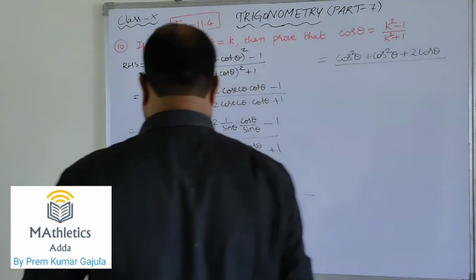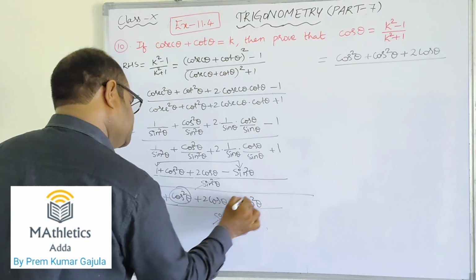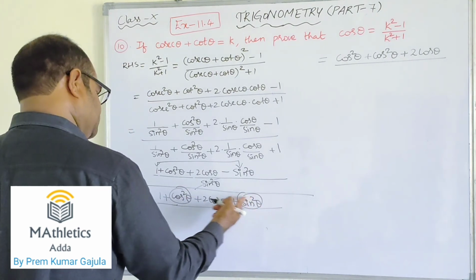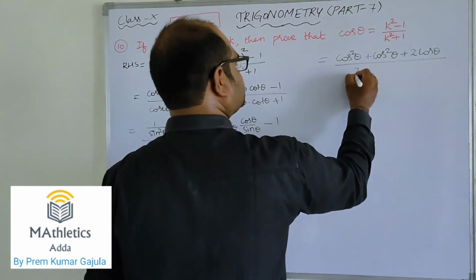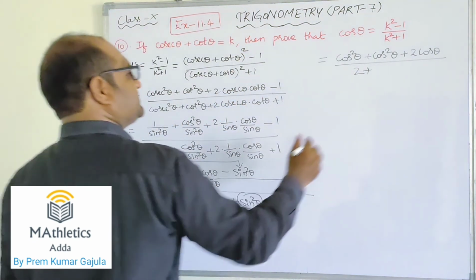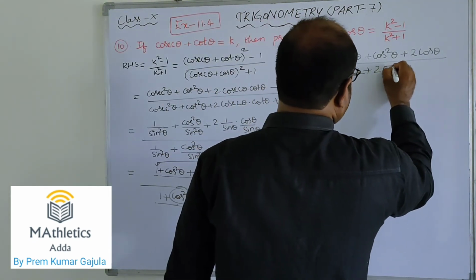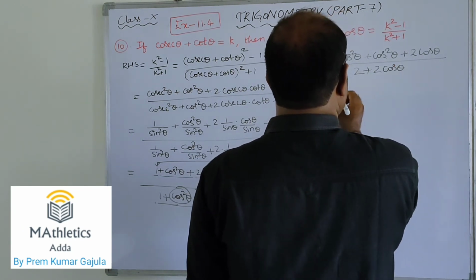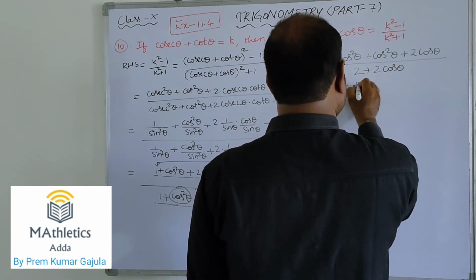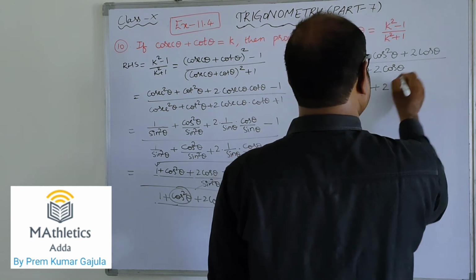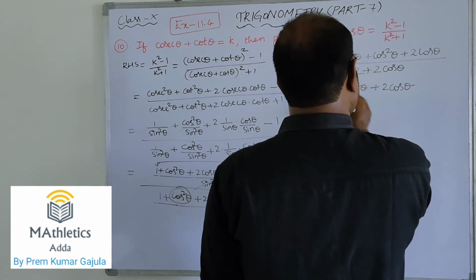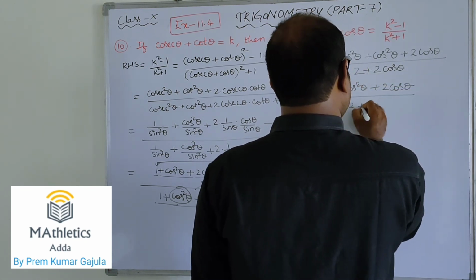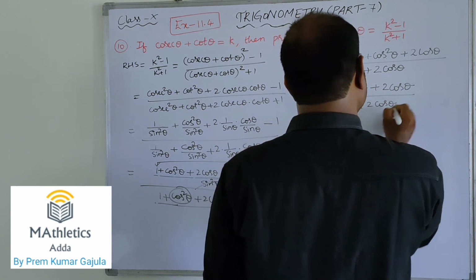And if you observe carefully, this cos square theta plus this sin square theta will become 1. This 1 and this 1 you will get 2. Plus 2 cos theta is there, so write 2 cos theta as it is. So in the numerator you get 2 cos square theta plus 2 cos theta, and in the denominator 2 plus 2 cos theta.